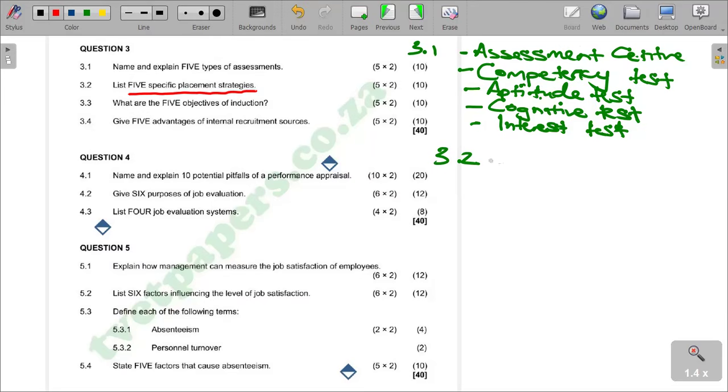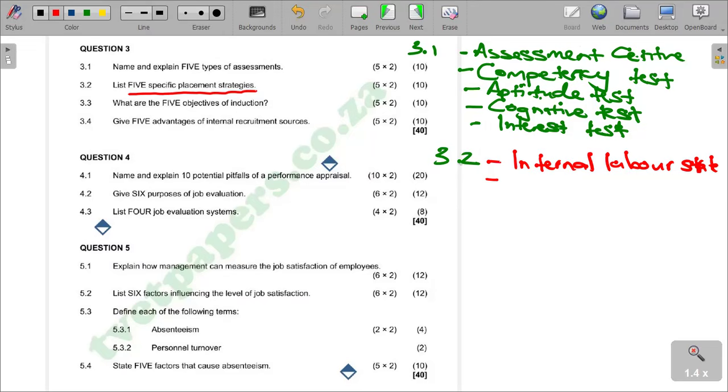So we have what you call internal labor strategy, whereby the management or the organization has a regulation that they can only employ employees or potential employees from an entry level within the organization.